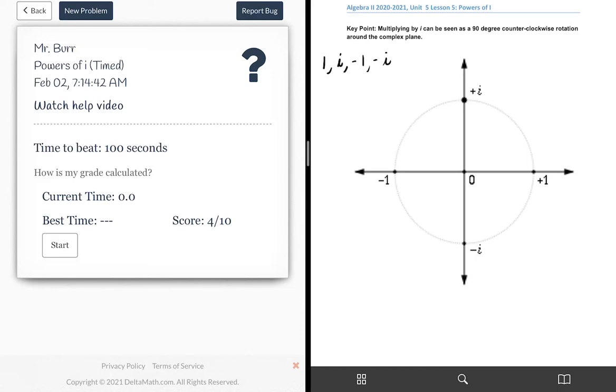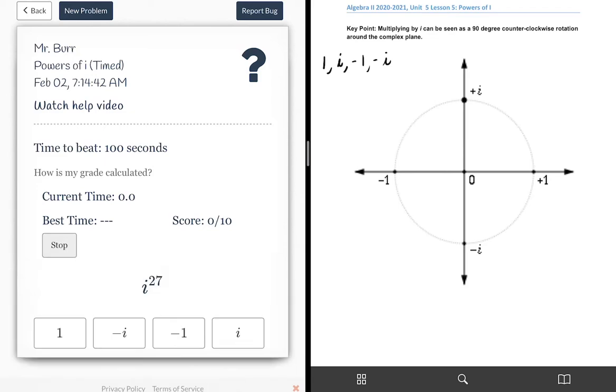So the objective here is to see how many you can get in 100 seconds. I'll set it slightly differently for yours. Okay, I to the 27th. So here's the strategy here. You could sit there and you could say, okay, this is I squared times I squared times I squared, or I to the fourth times I to the fourth times I to the fourth. You could sit there and count a whole bunch of these out, but the easiest thing to do is to just think to yourself, okay, what's the closest thing?